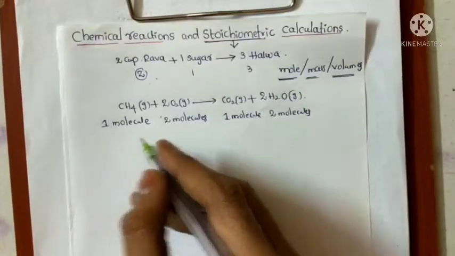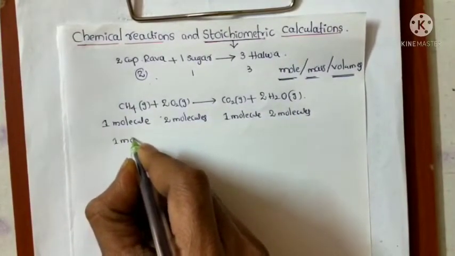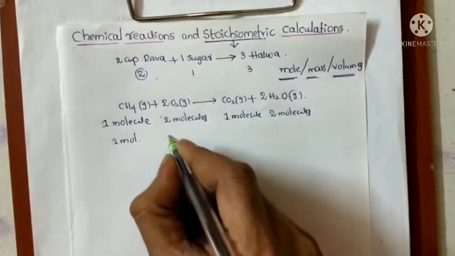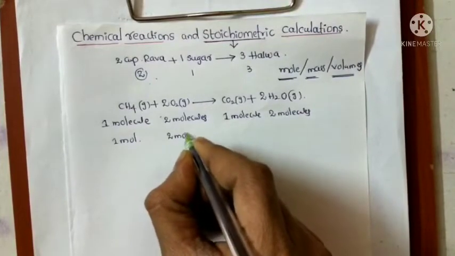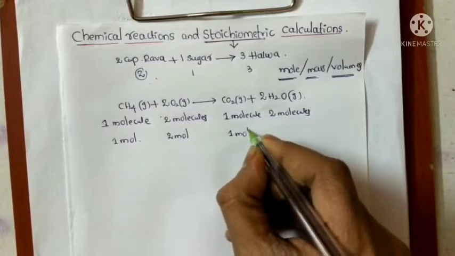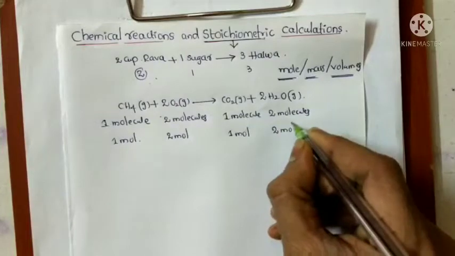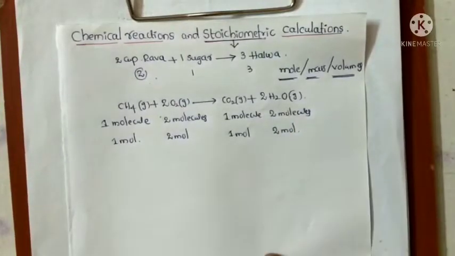Okay, so now according to moles, we can say that 1 mole of methane gas reacts with 2 moles of oxygen to form 1 mole of carbon dioxide, and 2 moles of water will be formed.